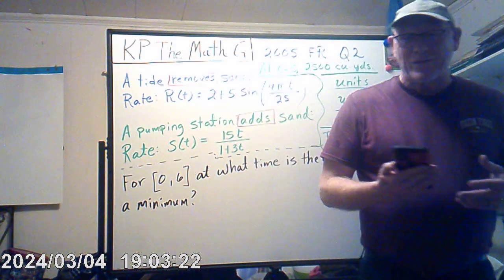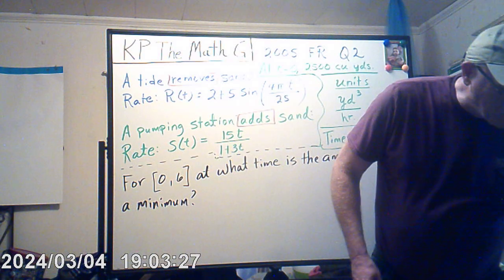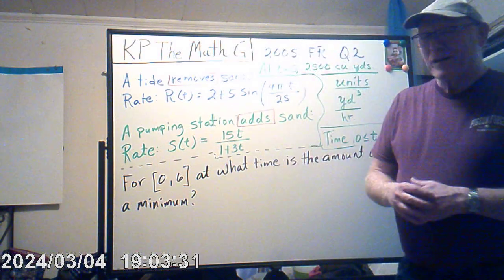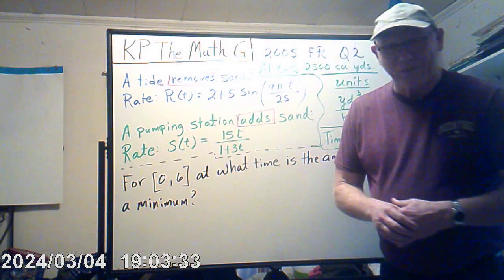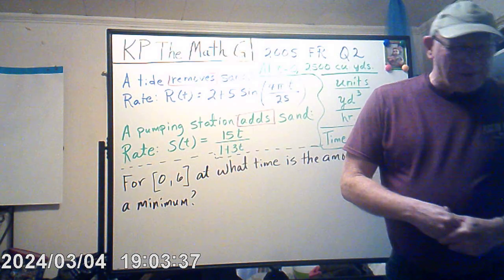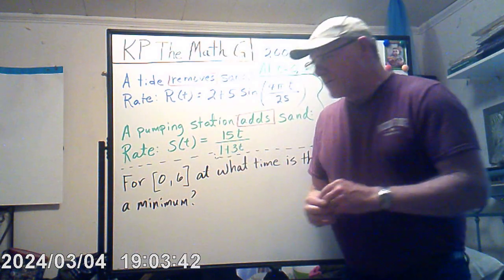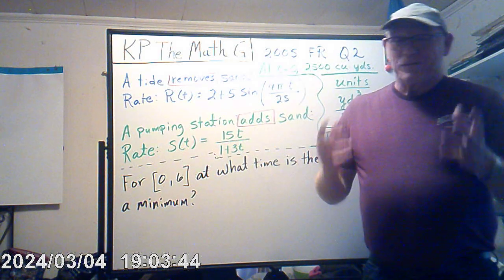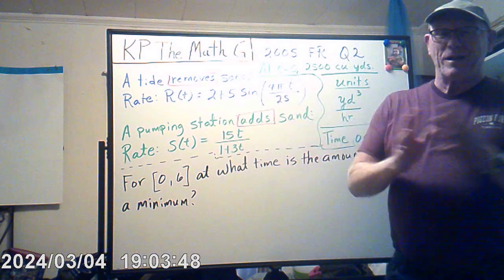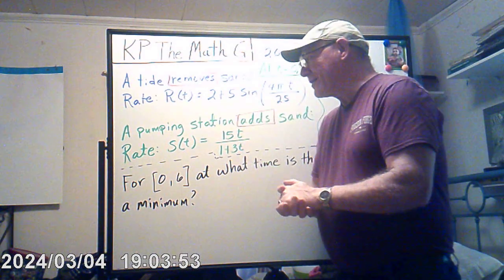I don't know that for sure, because these things are at least $100 or more. So I did manage to work the problem with my phone calculator. I've got one calculator that will not do the definite integral, and one that will, but one will graph and the other one will do the definite integral, and you can't have two calculators on your test, so be that as it may. All right, let's go ahead and get started.